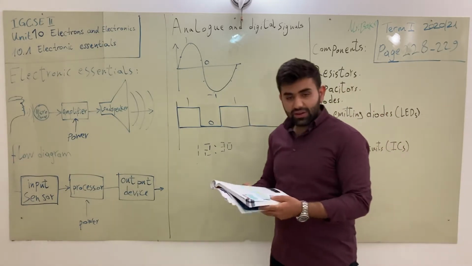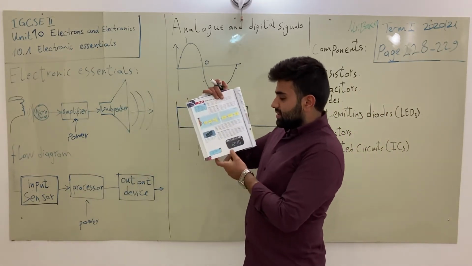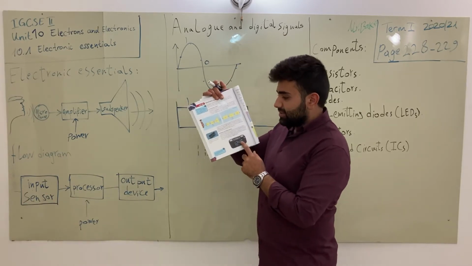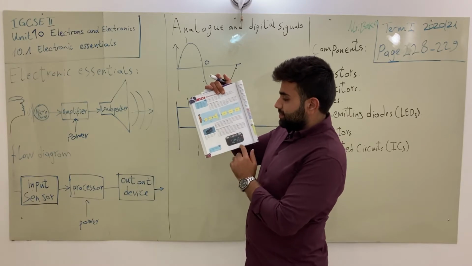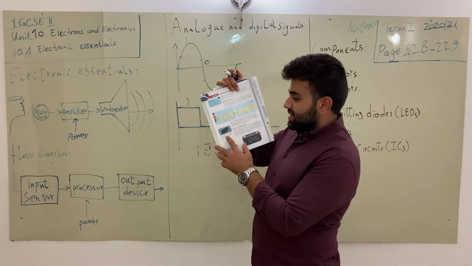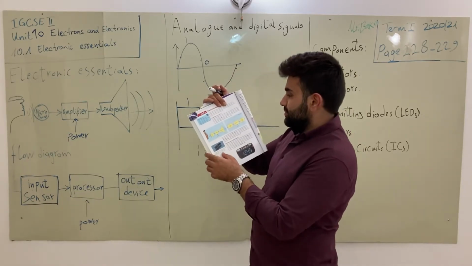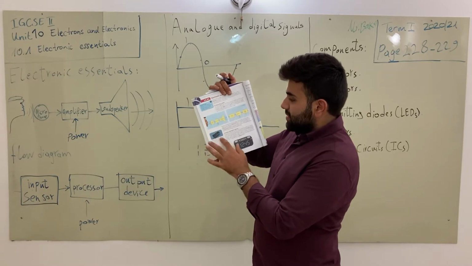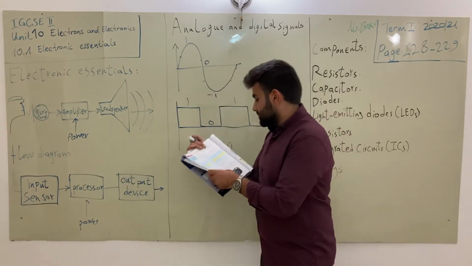Open your book, page 228. You can see the digital watch here. Also here you can see the IC, or integrated circuit, which we'll talk about now.